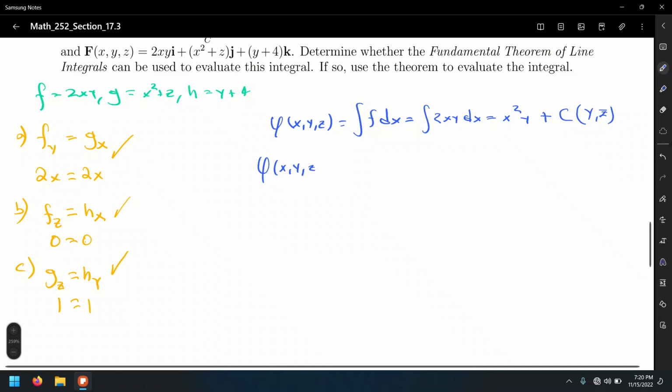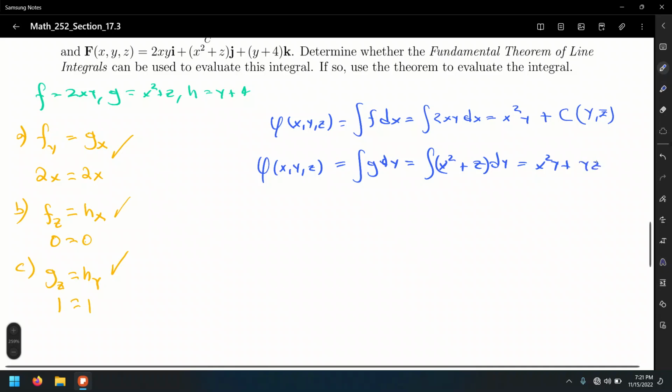X, y, z, the potential function, that's the integral of g dy. And in this case, that's the integral of x squared plus z with respect to y. That's simply x squared y plus yz or zy.